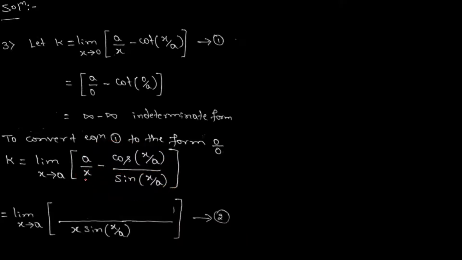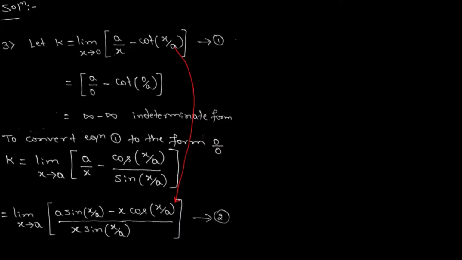Yes, we have taken the LCM as x into sine of x by a. Then in the numerator, this gets multiplied here and x gets multiplied here. Here we get x into cos of x by a. Yes, we have manipulated the given function to this form.